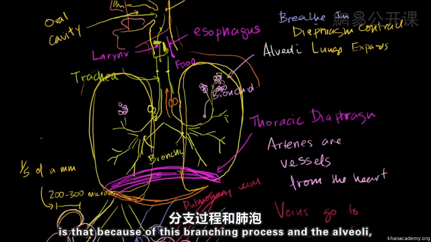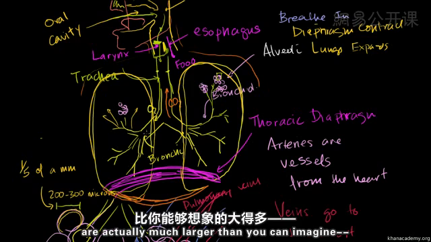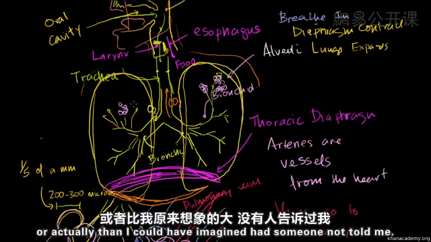And the key is that because of this branching process, and the alveoli, the inside surface area of the lungs is actually much larger than I could have imagined had someone not told me.